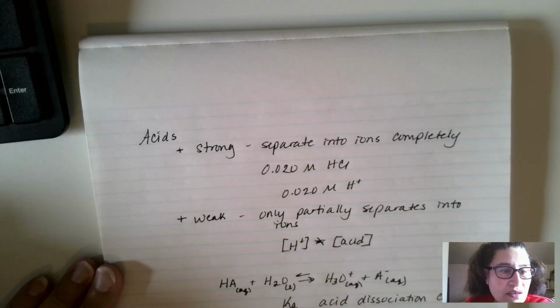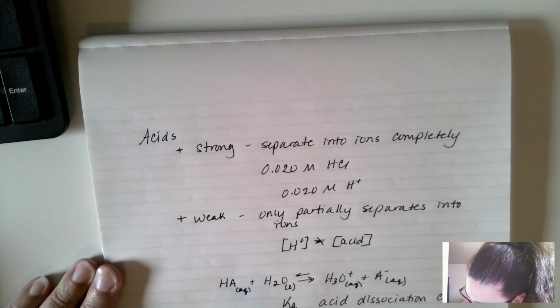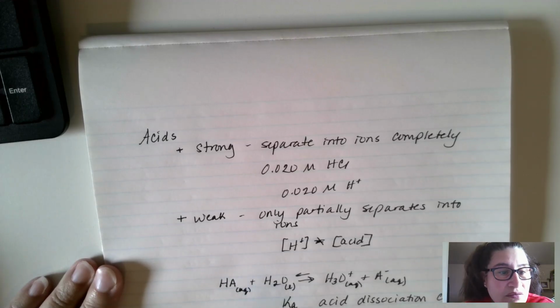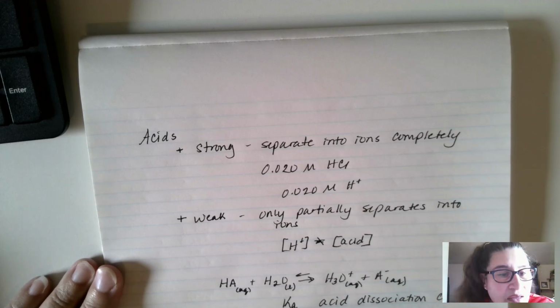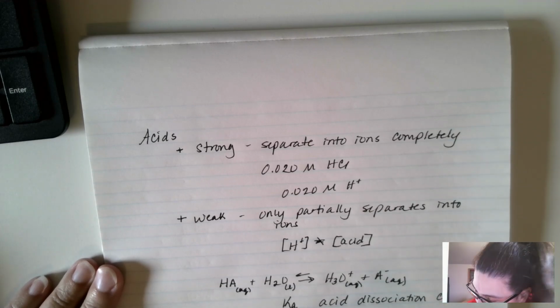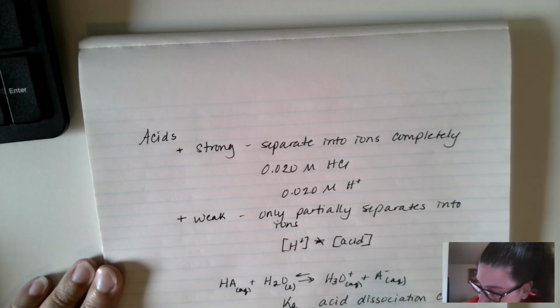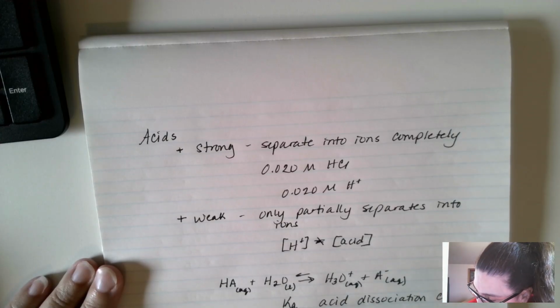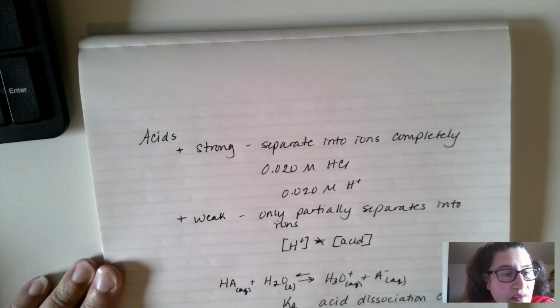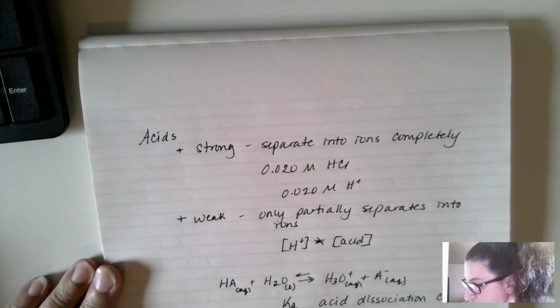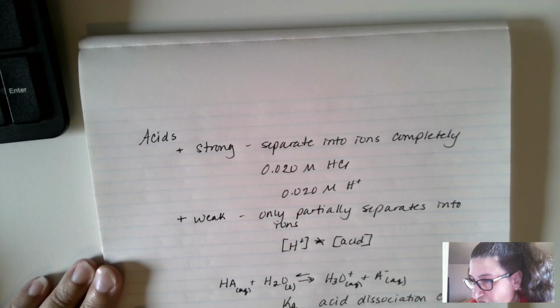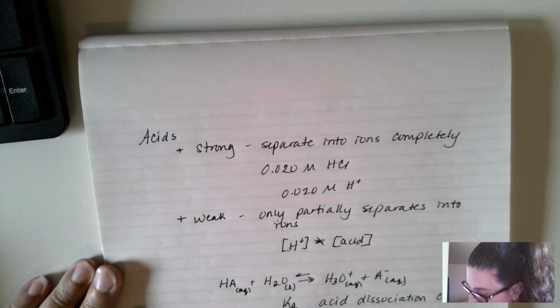Let's say that we have a 0.10 molar solution of a weak acid, in this case formic acid, and the pH is 2.38, and they are asking me to find Ka. A lot of times you're given Ka and asked to find pH, and we'll do an example like that.